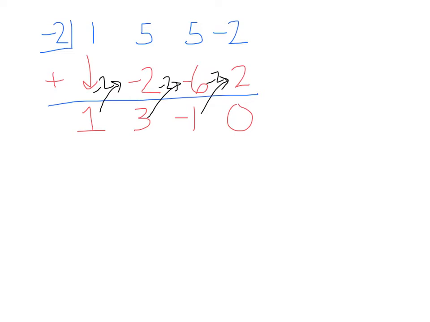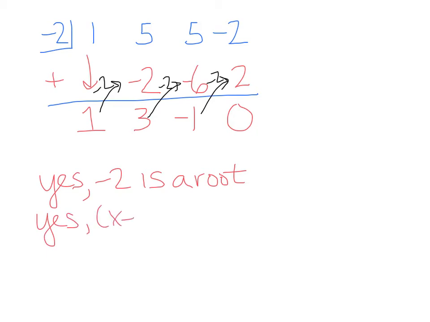Okay, so what this means is a couple of things. One, since our remainder here is 0, this means that yes, negative 2 is a root. Yes, x plus 2 is a factor. The reason why is the remainder is 0.